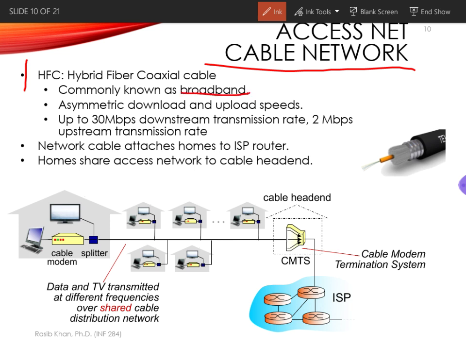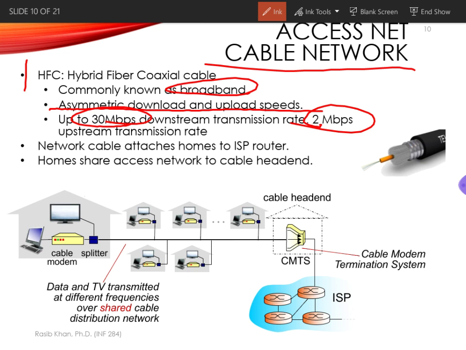This is very commonly known as the broadband internet that you have probably heard a million times already. One thing that hybrid fiber coax provides is asymmetric download and upload speeds, which means that the rate of download and the rate of upload vary a lot. For example, the downstream goes up to 30 megabits per second, and the upstream is around 2 megabits per second.